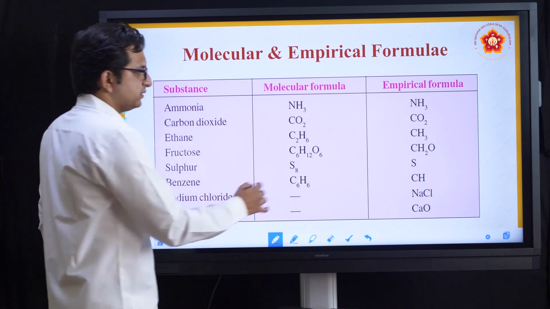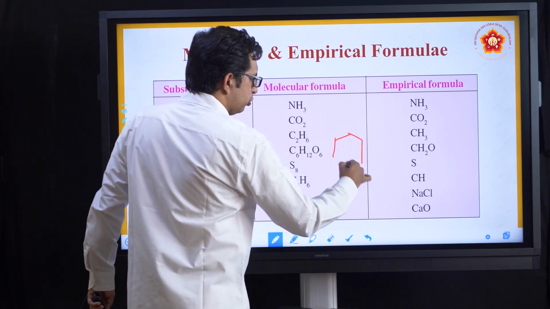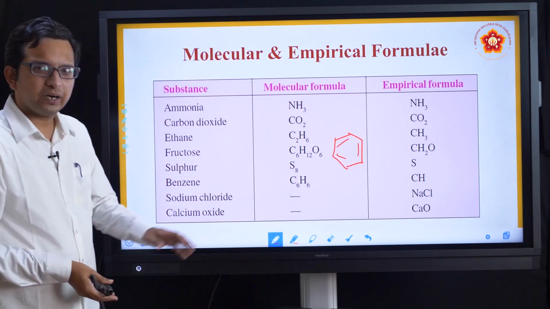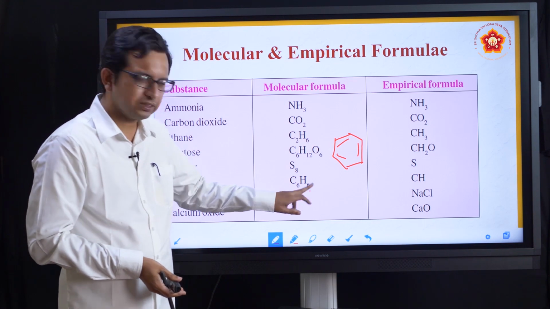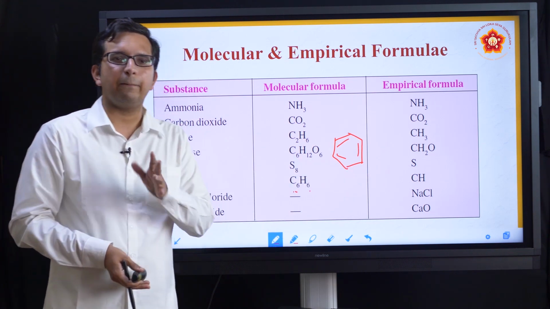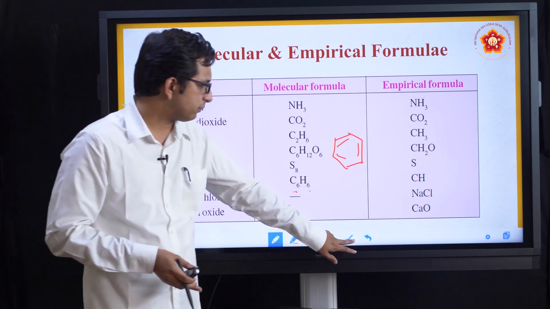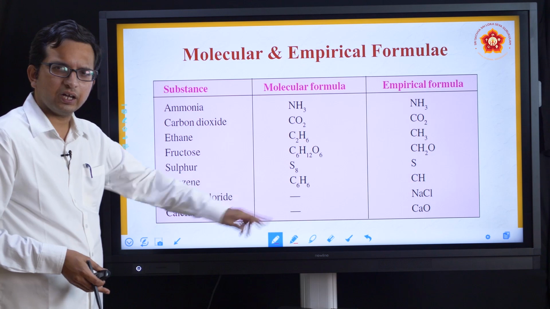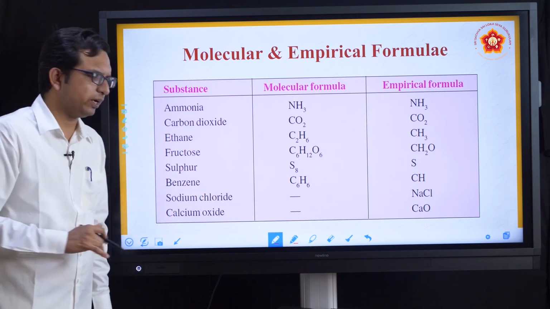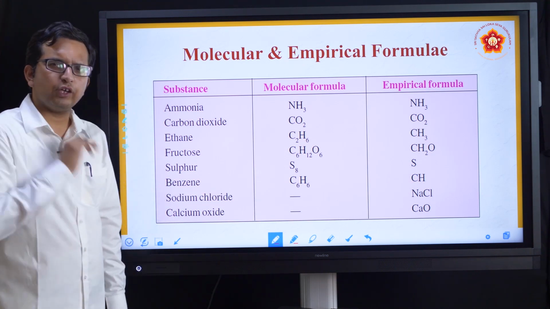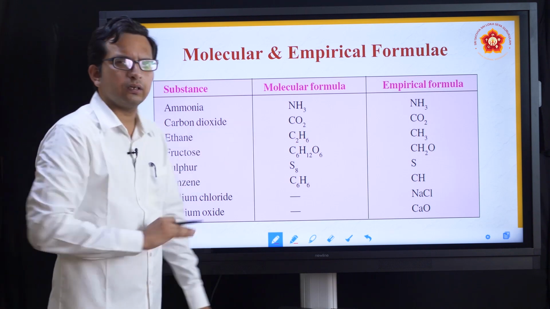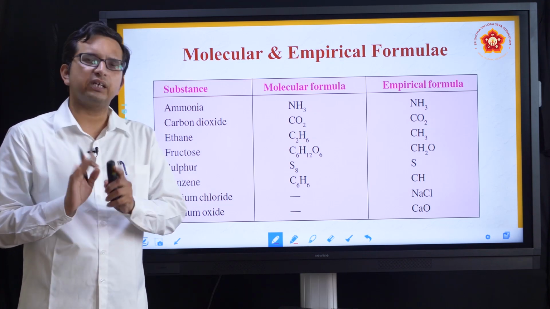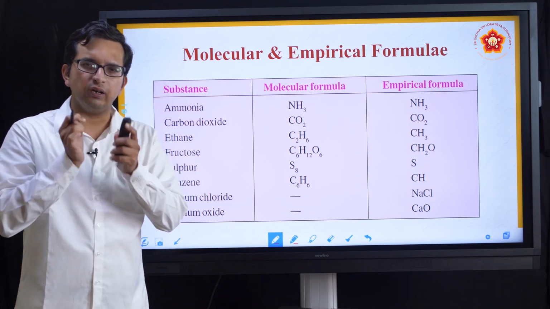Benzene is C6H6. We are going to have an extensive study about the structure of benzene later. But the divisibility factor you can see is 6, and therefore CH is the empirical formula found there. For the last two examples, in the molecular formula they have just put a hyphen, because, as conveyed, for ionic compounds the molecular formula will be exactly the empirical formula, because ionic compounds combine in their simplest ratio only.